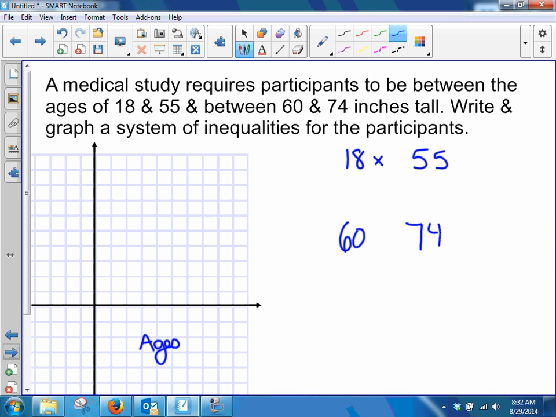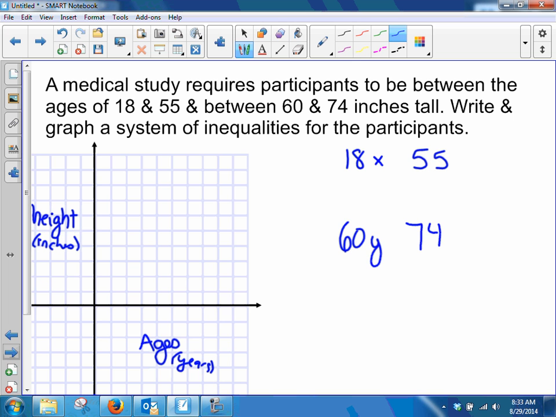So x is going to be between 18 and 55. So that leaves y to be the height. Does that make some sense? This is going to be in inches because that's what you're measuring. And then ages will be in years. That's your category, basically.